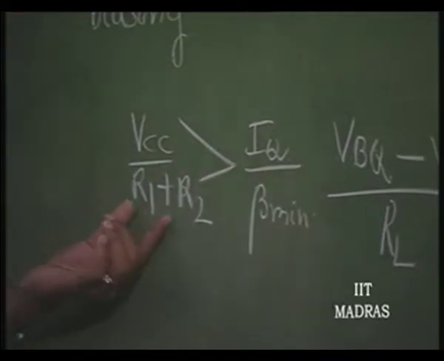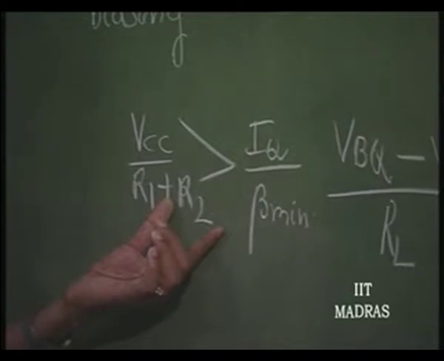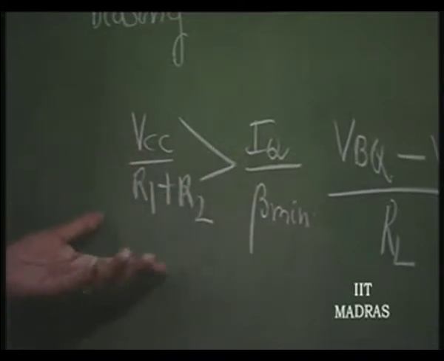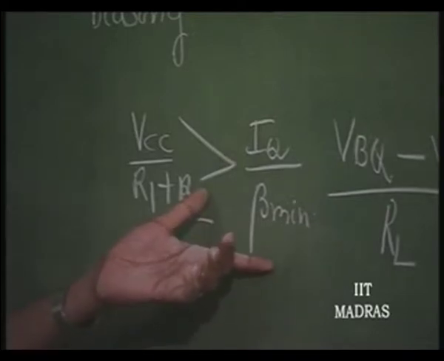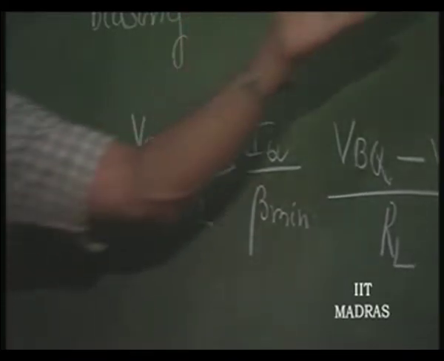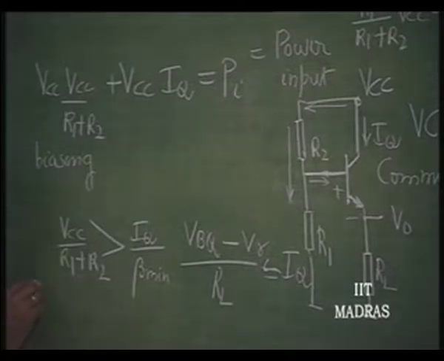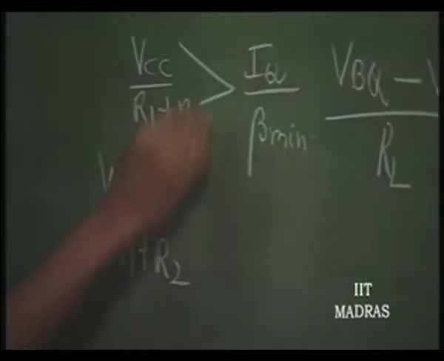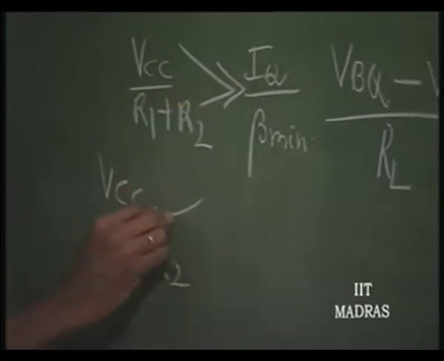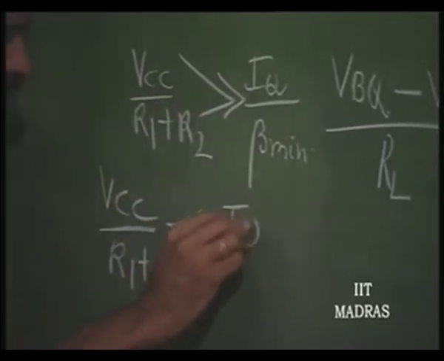So, you have to select R1 plus R2 larger than this condition, and it should be obviously less than, VCC by R1 plus R2 should be much less than IQ.